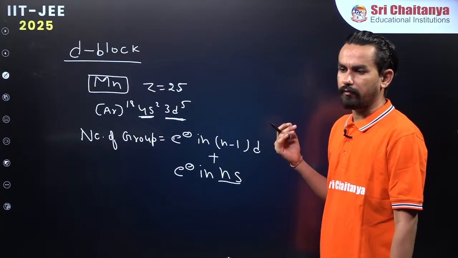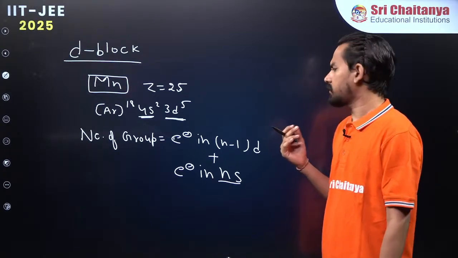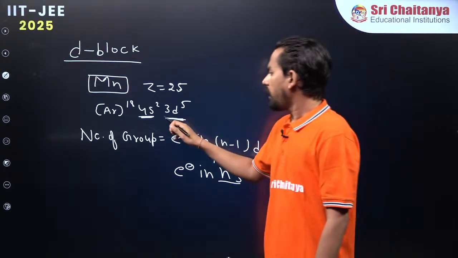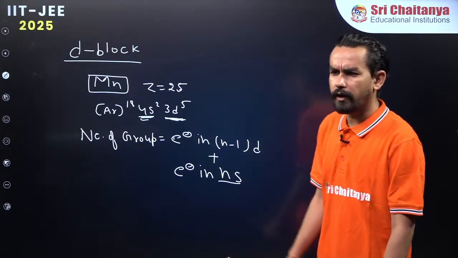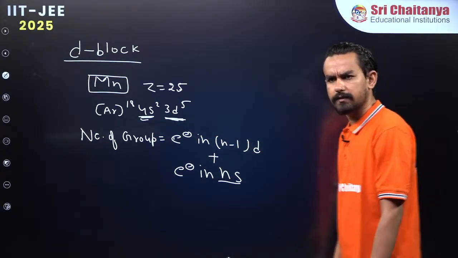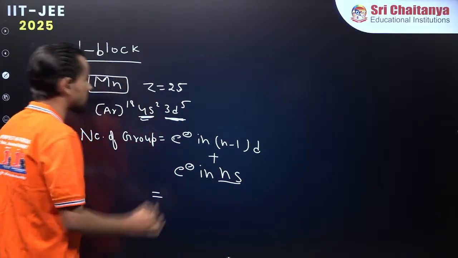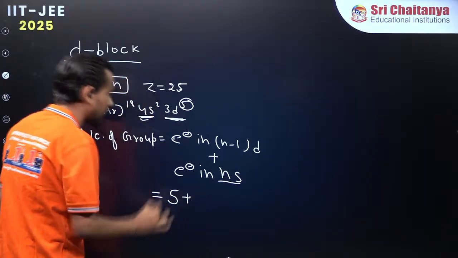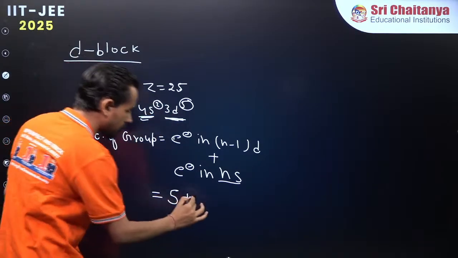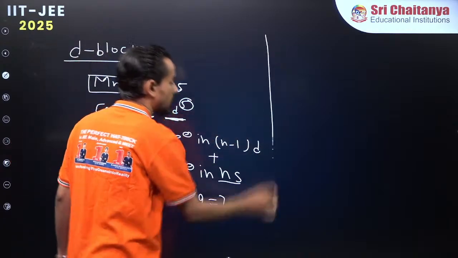Five are there in D and 2 are there in S. So electrons in n minus 1 d is 5 plus electrons in ns are 2. So 5 plus 2, 7. So manganese belongs to the 7th group.